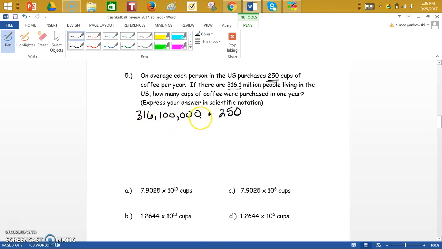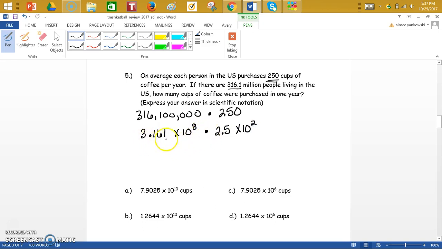I'm going to put these both in scientific notation in order to multiply. So this is 1, 2, 3, 4, 5, 6, 7, 8. So this is 3.161 times 10 to the 8th times, this is 2 places over, 2.5 times 10 to the second.